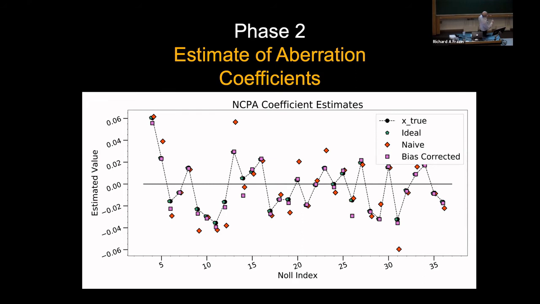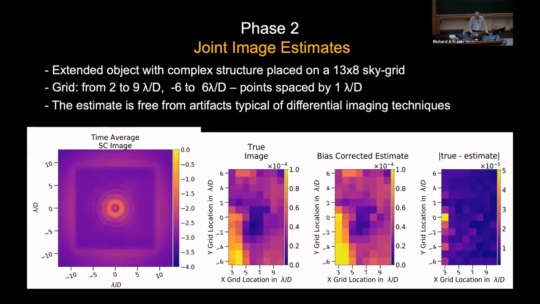And we also did the naive, but it wasn't nearly as accurate as the bias corrected. You could see the purple estimates are the ones to look at here, and they're extremely close to the black dots. So we really nailed that down and estimated that aberration very well.